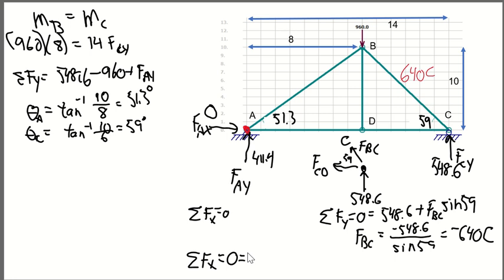So I have this one, and this is pointing this way, so it is a negative FCD going in that direction. This is where the direction of the arrow gives you negatives and positive signs.